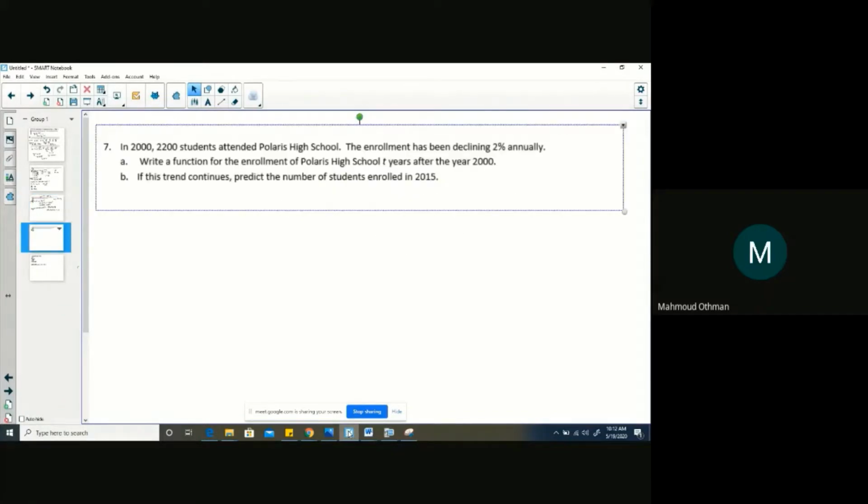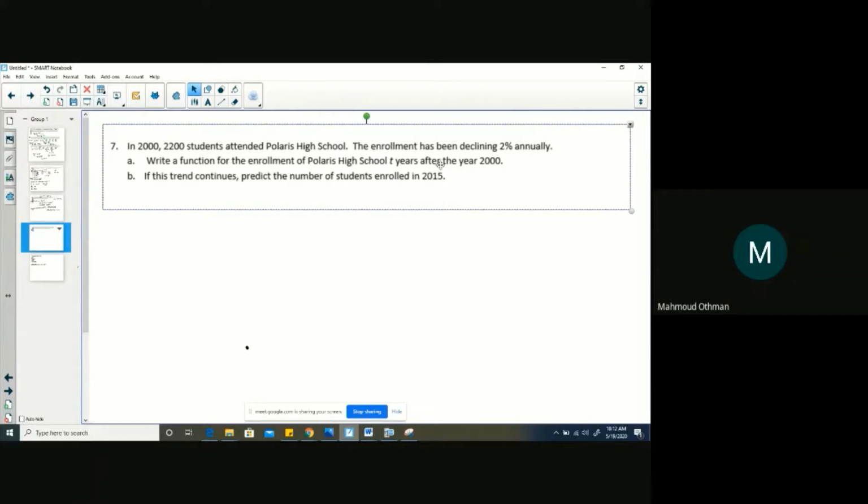Now for the next one. In the year 2000, 2,200 students attended Polaris High School. The enrollment has been declining by 2% annually. Write a function for the enrollment of Polaris High School using t years after the year 2000.